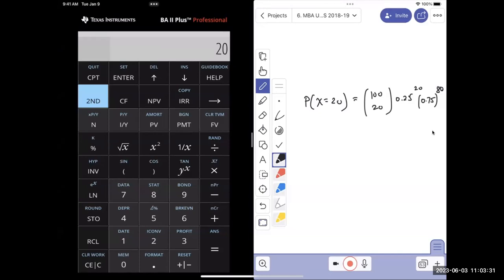I can say equals or even just times. It'll give me the answer for 100 choose 20. So that's how many ways.